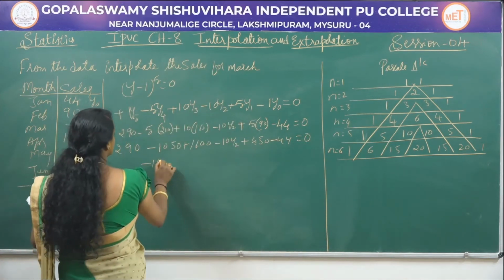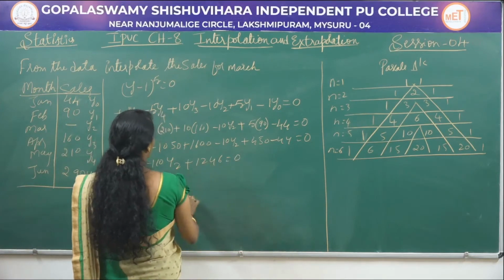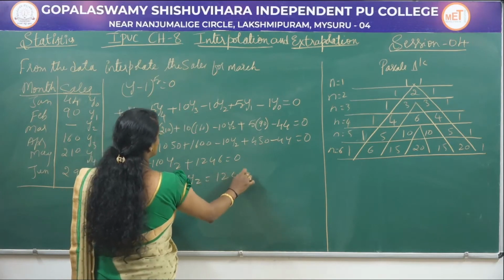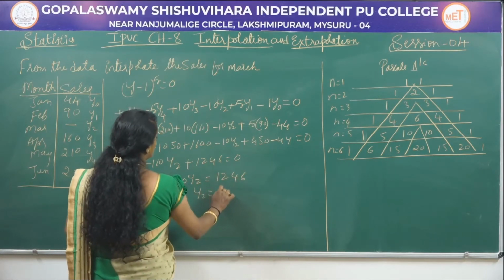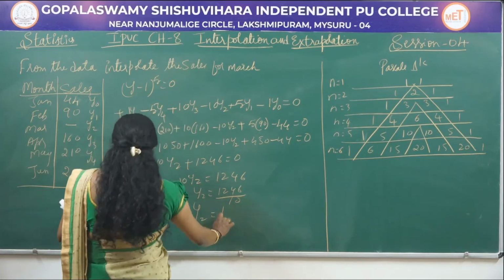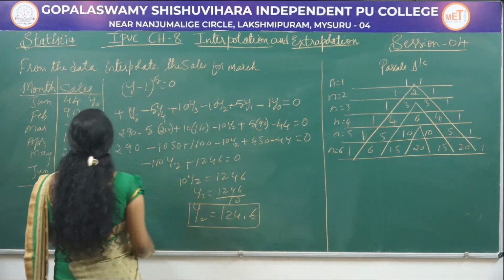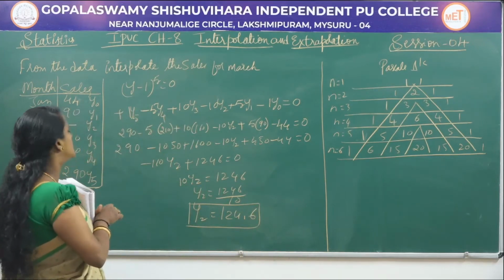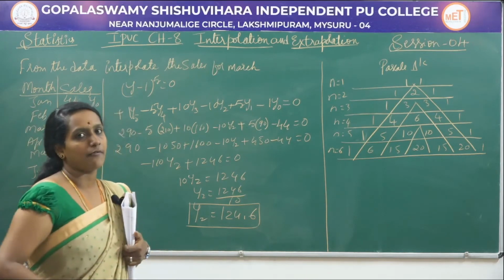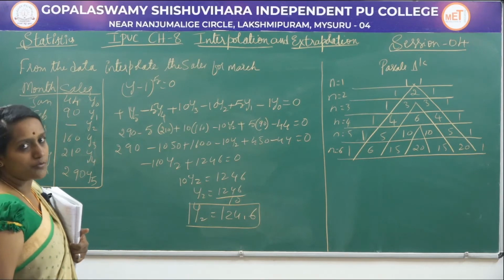So minus 10 y2 plus 1246 is equal to 0. 10 y2 is equal to 1246. y2 is equal to 1246 divided by 10, so y2 is equal to 124.6. So sales for March, that is y2, is 124.6. This is how we have found the missing value for the sales for the month of March.